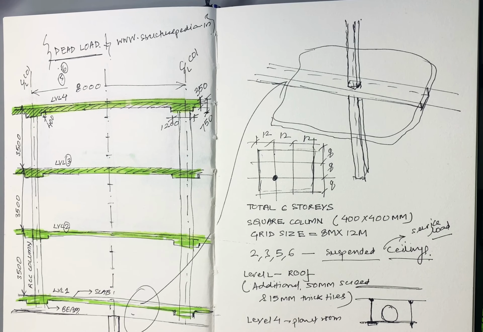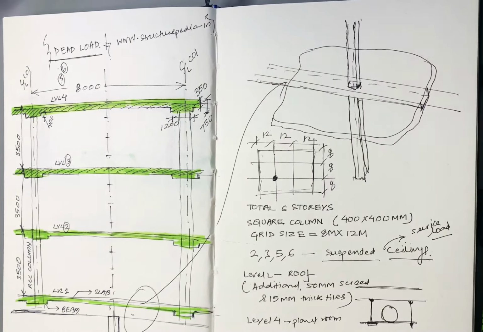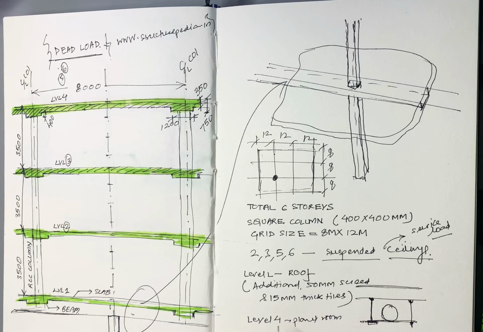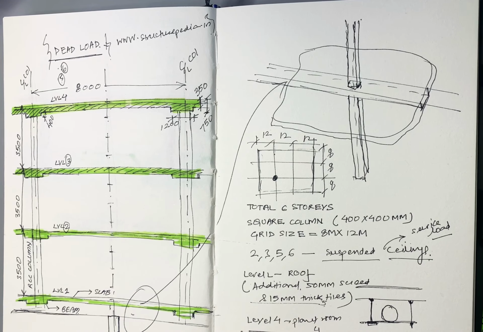There won't be any suspended ceilings as well. At level 5, that means level 4, so this is level 4. If it's level 4 and this is 5, there's no suspended ceiling at level 5, because we don't need any services in the plant room.